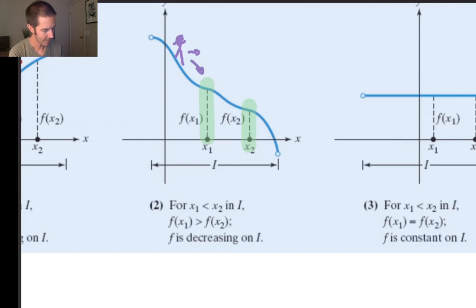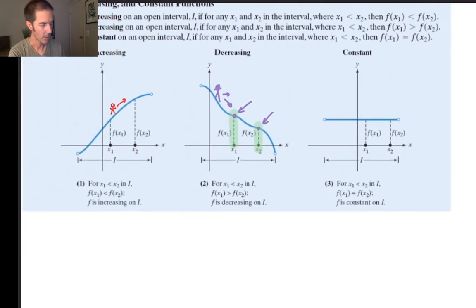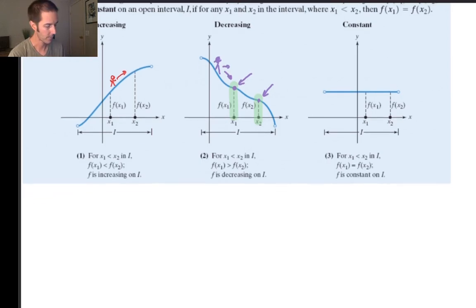I compare the y value where x equals x1 to the y value of the point where x equals x2, and I see that this second y value is lower than the first one. So overall, my little lady friend up there has gone downhill, and therefore it's decreasing. Okay, come up with whatever ridiculous stories you need to tell yourself to remember increasing versus decreasing.